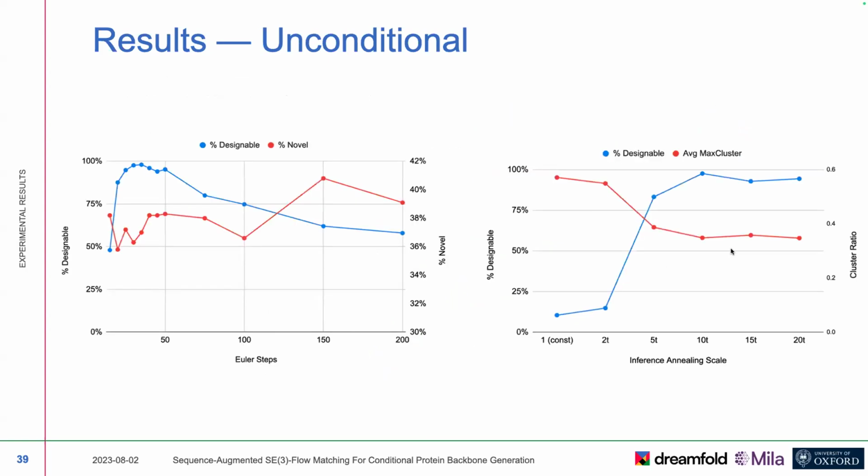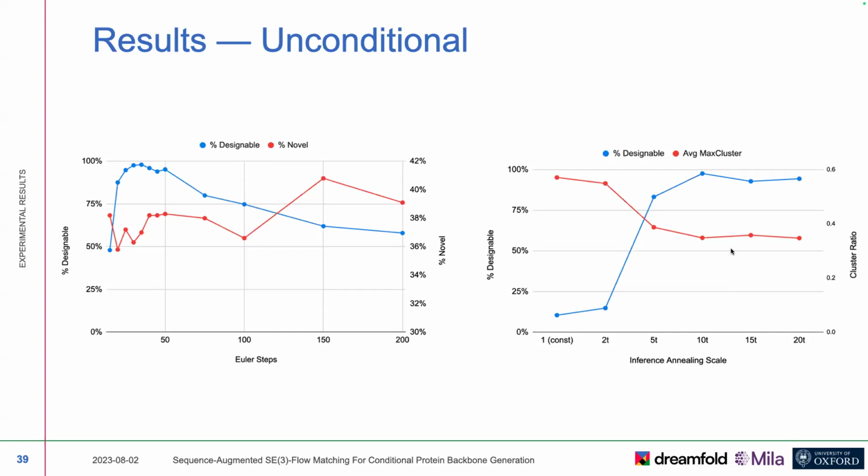We did some investigation into some of the hyperparameters that were found to be important in FoldFlow-1. One of them is the number of integration steps that you take during inference. There's an inverse relationship between designability and novelty as a function of the number of Euler steps. Fewer steps leads to more designable structures, but also less novel ones.